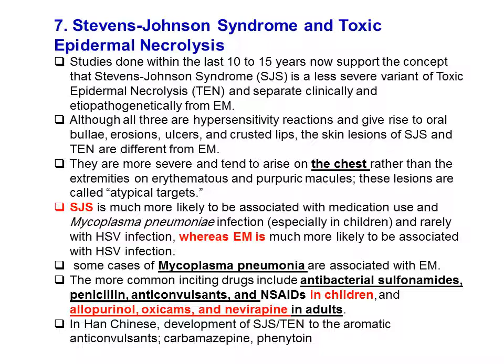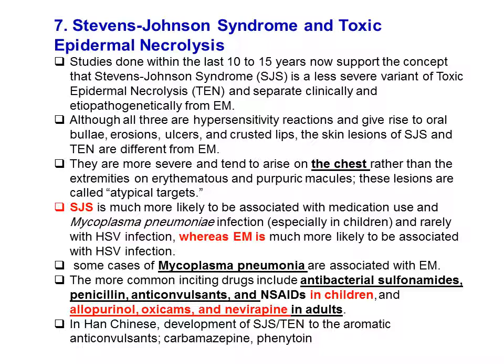Stevens-Johnson syndrome is much more likely to be associated with medication use and mycoplasma pneumoniae infection, especially in children, and rarely with herpes simplex virus infection, whereas erythema multiforme is much more likely to be associated with herpes simplex virus infection. Some cases of mycoplasma pneumoniae are associated with erythema multiforme.